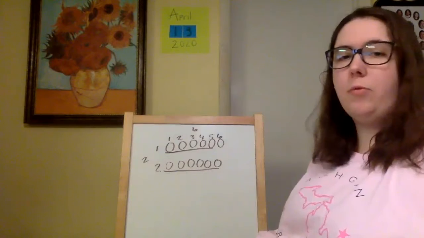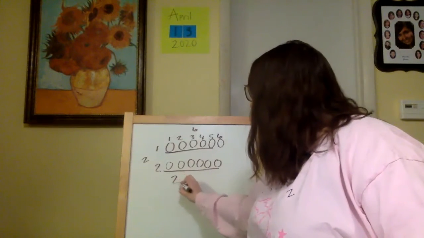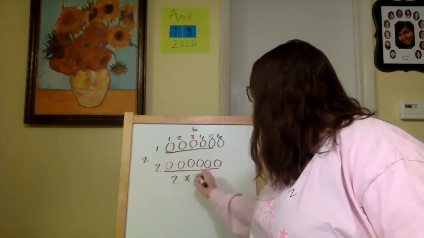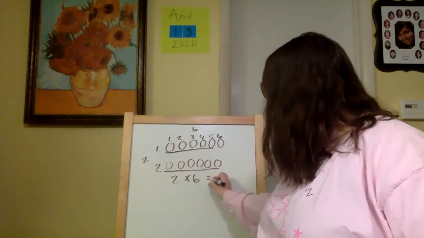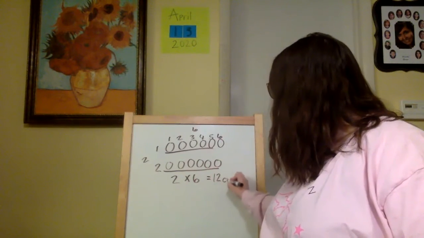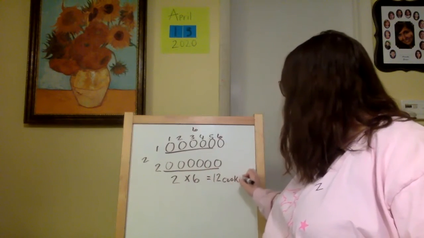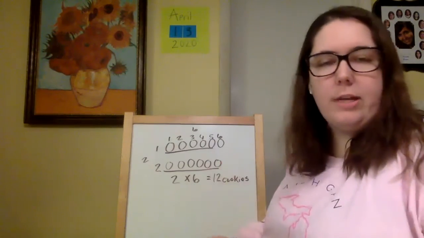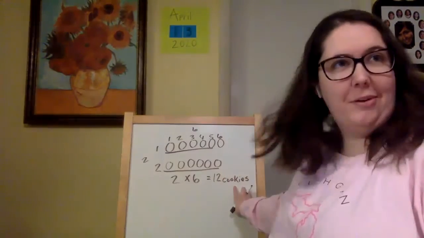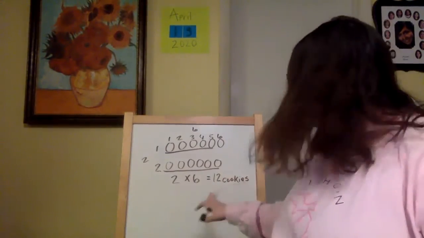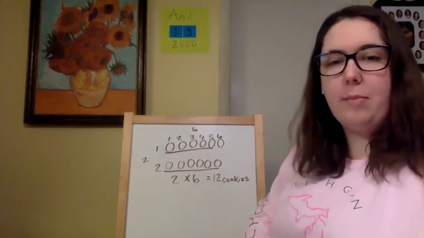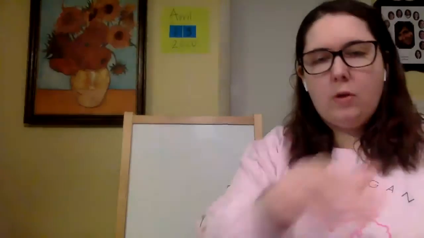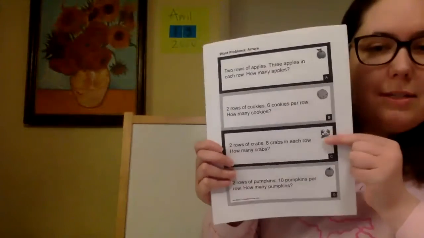And the multiplication problem for this one is 2 groups of 6. And 2 times 6 is 12 cookies. The last problem with the apples, I forgot to label here. So I'm remembering to do that. So that's that problem.